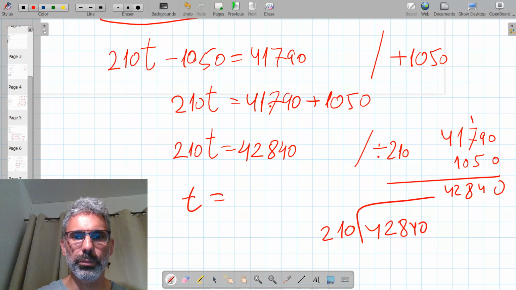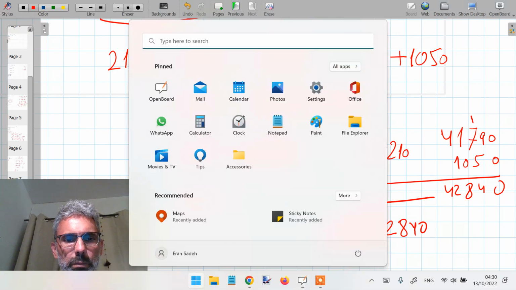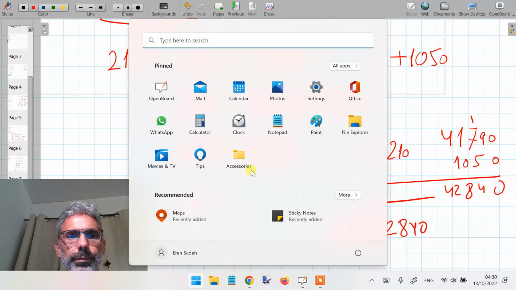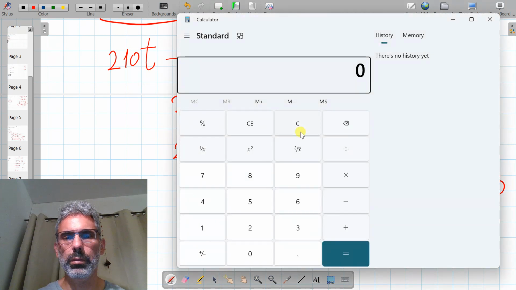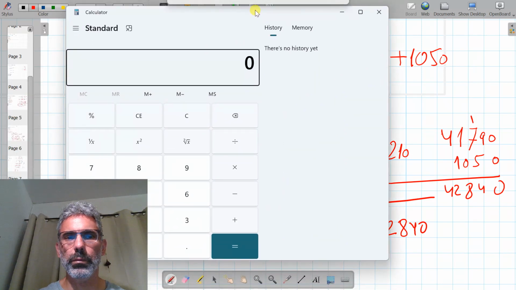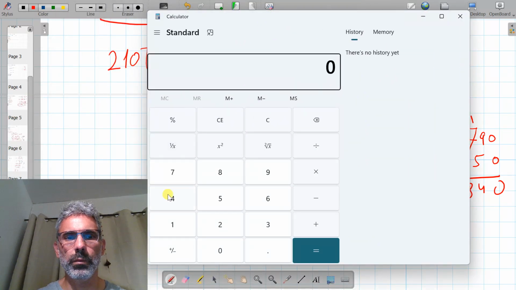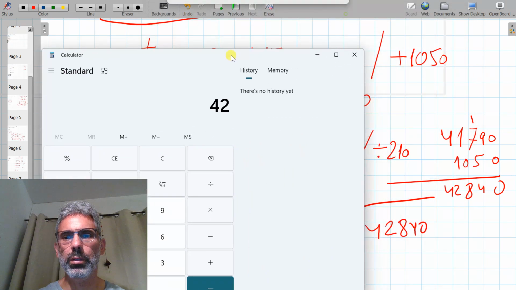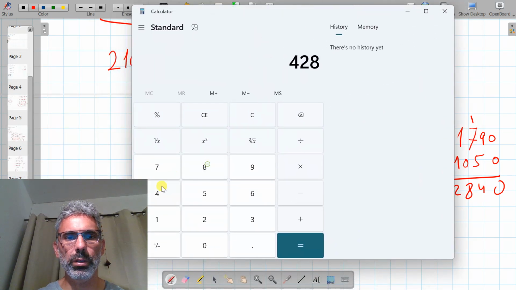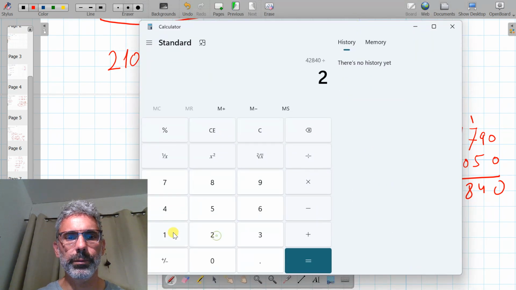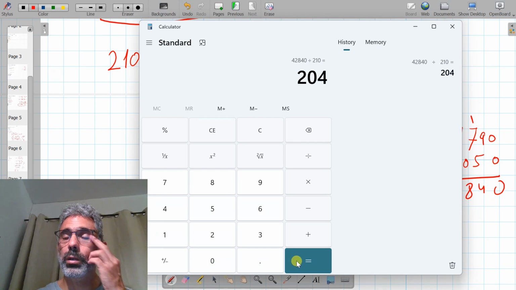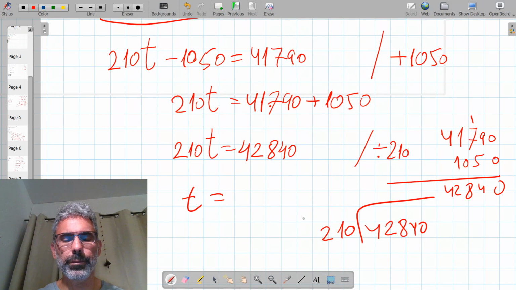So let's use the calculator. 42,840 divided by 210 equals 204.